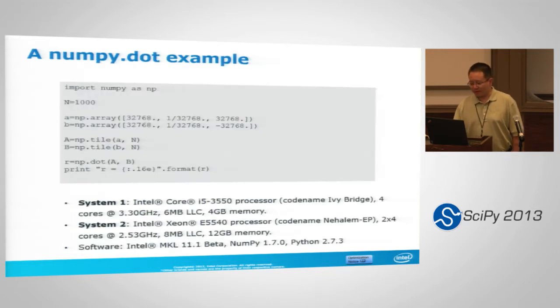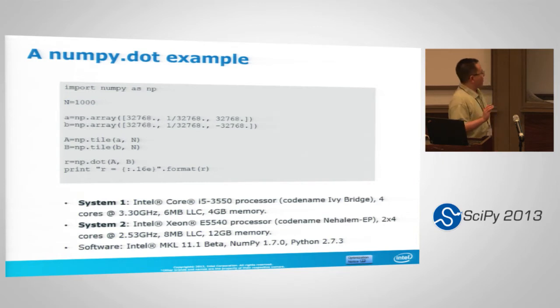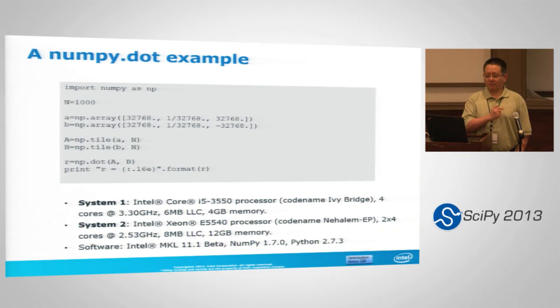Okay, let's start with a very simple example. This is probably the simplest Python example in this entire conference. It's just a hello world in NumPy. We have two ndarrays, A and B. Each has 3 elements. This is, of course, a contrived example.